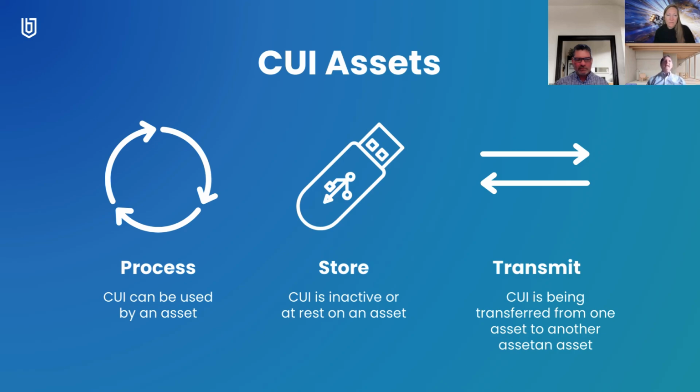But basically, the first category of assets would be CUI assets, and these are assets that can and do process, store, or transmit CUI. And of course, we're talking about FCI as well, but when we say CUI, that's in the context of CMMC Level 2, but the same concepts are applicable for Level 1.